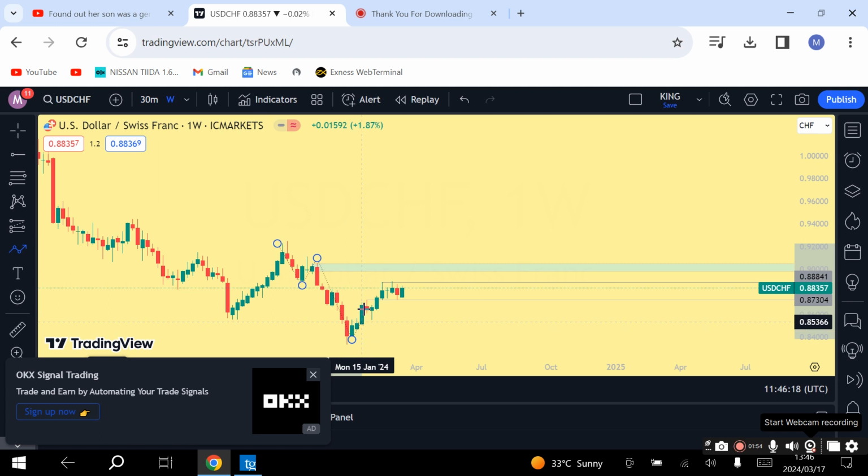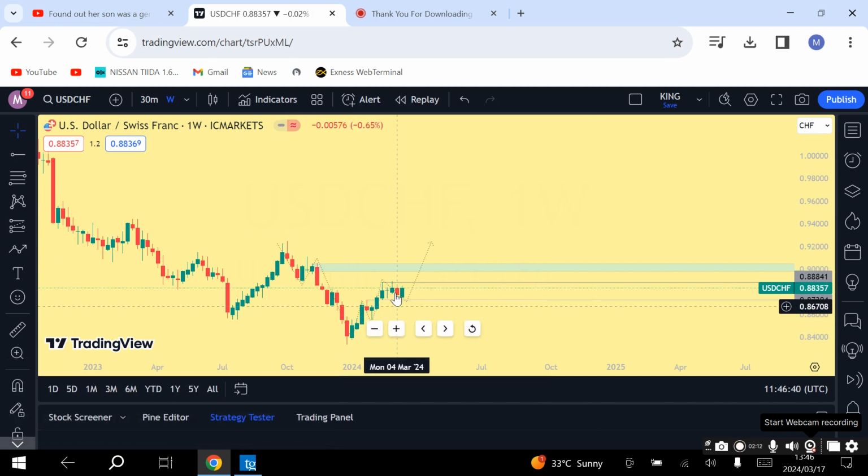But then as soon as we hit this barrier line here, we went boom, we broke structure there, right? Then we became bullish. So my anticipation is that now we are moving to the upside, right? The structure is bullish on the weekly time frame, right?